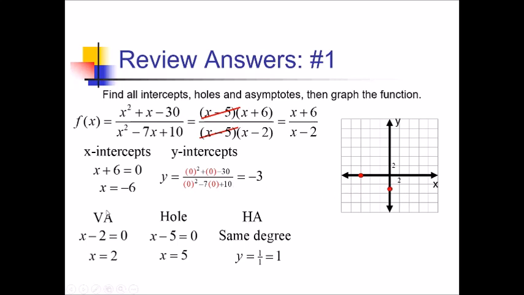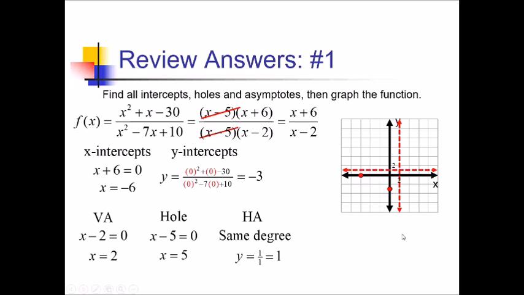For the vertical asymptote, we had x equals 2, so that's a vertical line going through 2. For the hole, we have 5, but we're not going to bother putting that on until we've drawn some of the graph, so we can figure out where 5 is on the graph. For the horizontal asymptote of y equals 1, that's a horizontal line going through 1 right here.